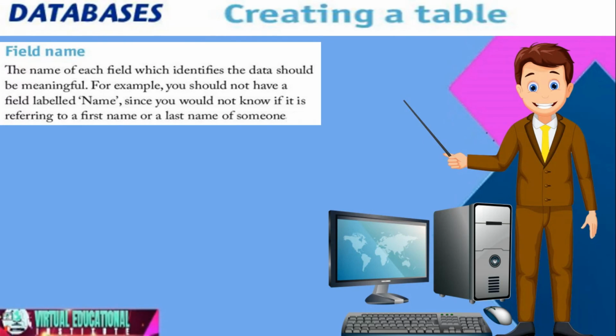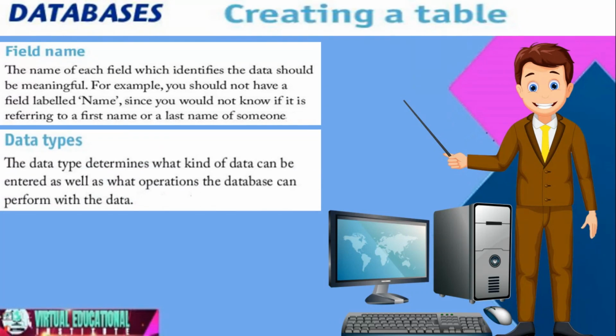Reason being, if you have a field labeled name, you would not know if the name entered is referring to a first name or a last name. So you must be specific. Instead of having name, you should have first name or last name, so you can identify if the name is a first name or actually a last name of someone.